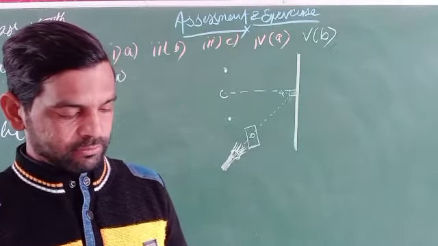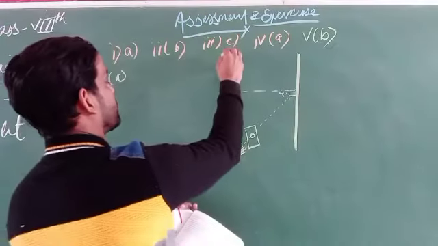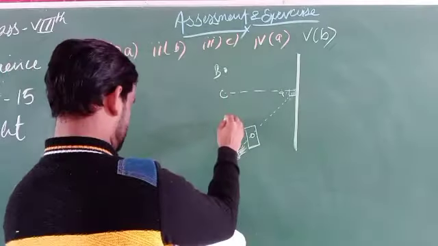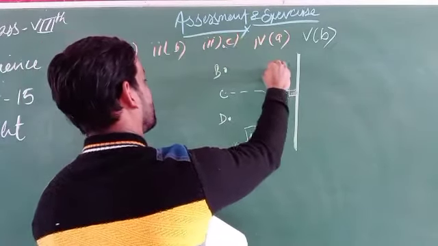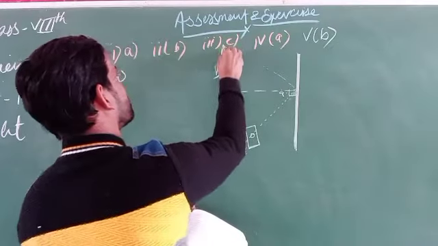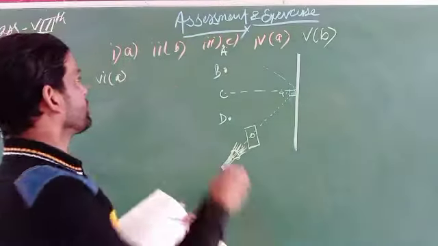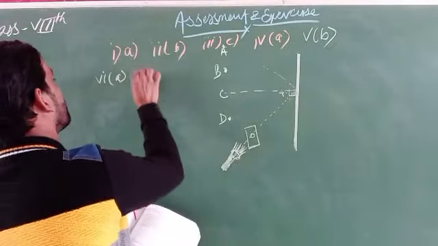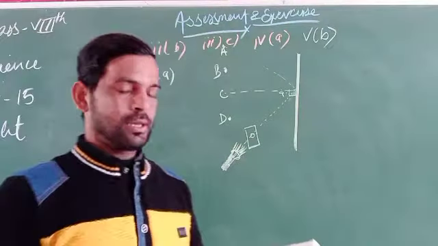The hole can be seen if we place our eyes at position B, D, and here is position A. So we have to place our eyes at position A, that is at the A position.